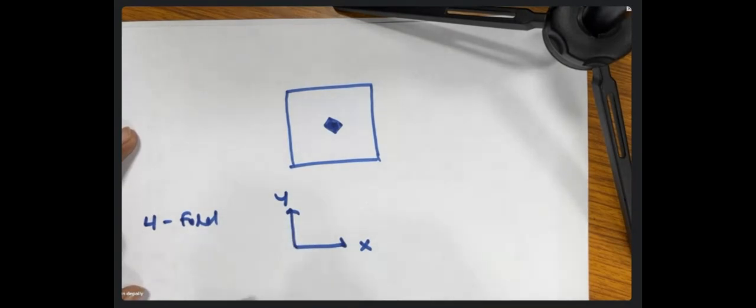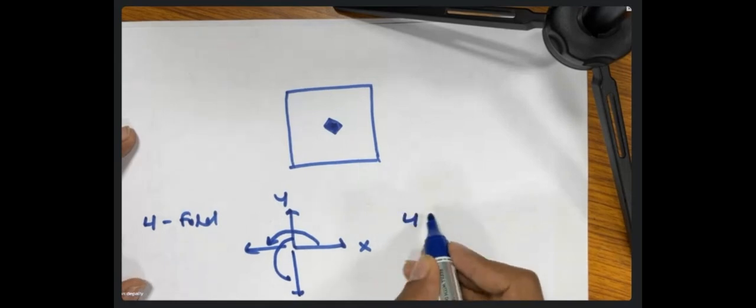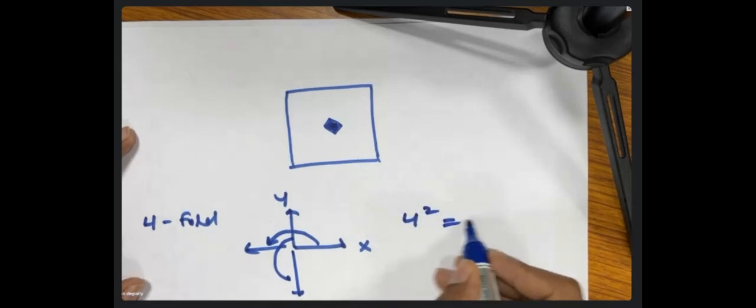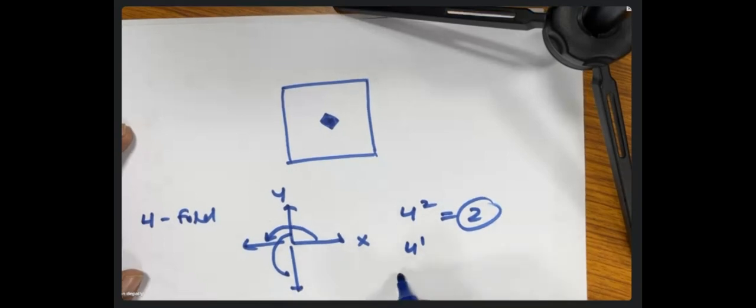If I apply fourfold 2 times, what will happen? X will get to the negative of x direction. It will come over here and y will come over here. So instead of fourfold 2 times, we can say it is nothing but a twofold itself. So fourfold 1 time we will write as fourfold, but fourfold 2 times will be nothing but a twofold itself.